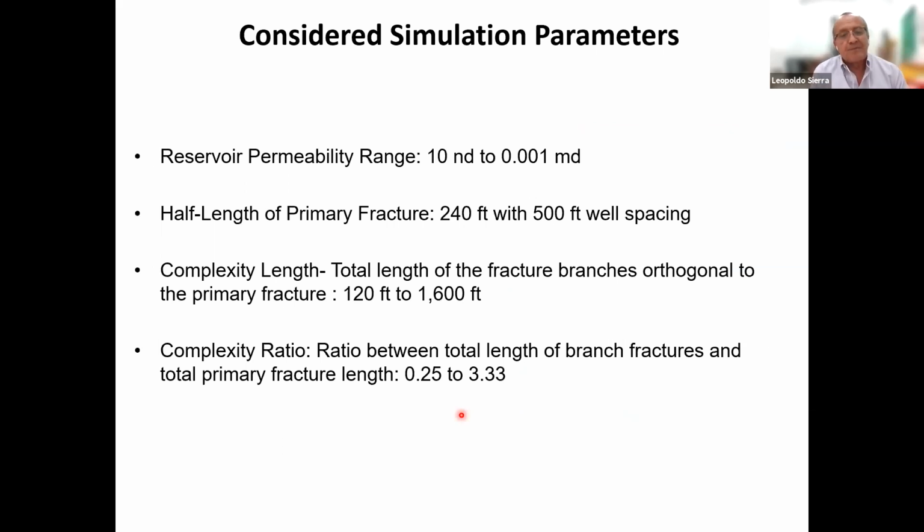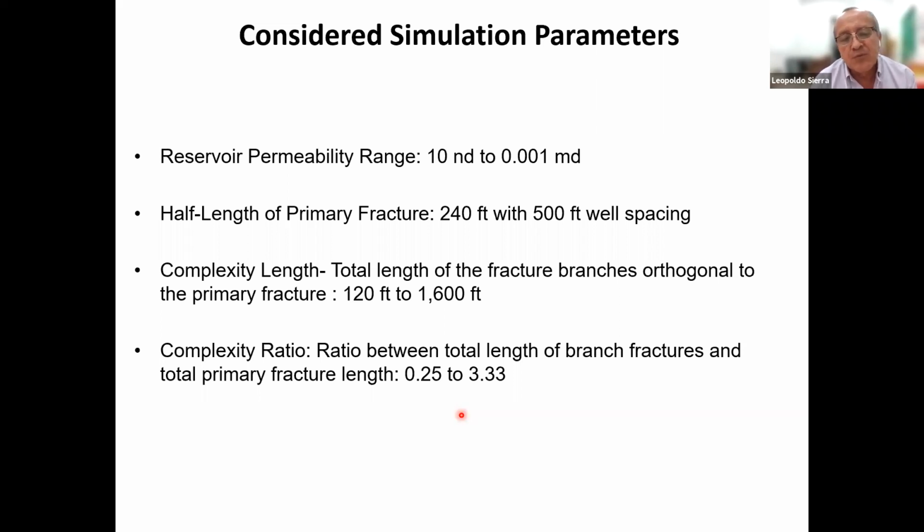To study whether the fracture complexity is important for all the cases, we also used a big window for reservoir permeability. Again, we are using the same window for reservoir permeability, from 10 nanodarcies to 1,000 nanodarcies. The fracture half length was limited in our simulation to 240 feet.